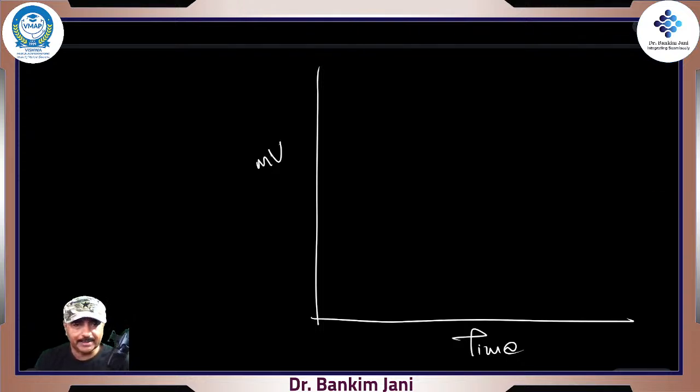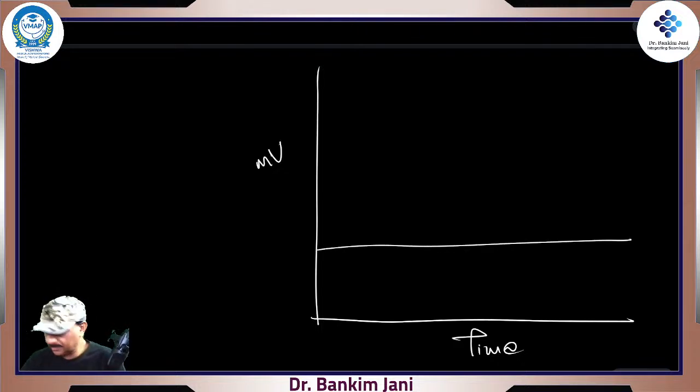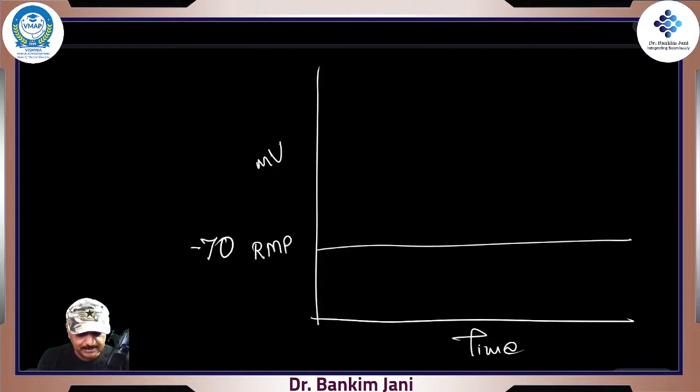Let's draw one first line. If this is the resting membrane potential, let's say it is minus 70 millivolt. At this, it is the resting membrane potential. So as things start moving, right?